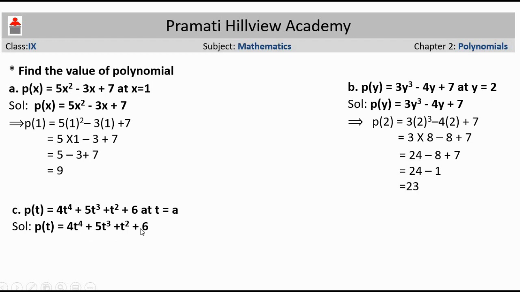Now, when t equals a, that is, substituting t as a, p of a equals 4a raised to 4 plus 5a cube plus a square plus 6. This is the value of p of t when t equals a.